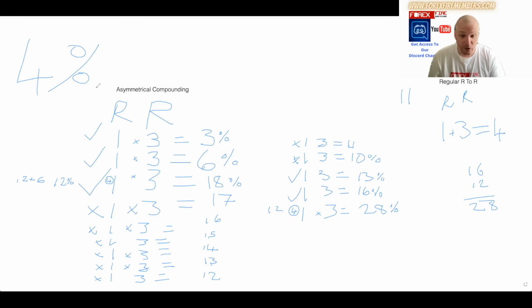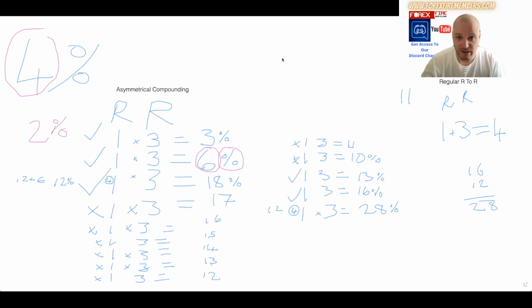But what you've got to understand is, after 2 trades in a row, you're on 6%. If you lose this big 4%, it is only going to take you down to 2%. That's the sort of mind shift you need to get yourself into.